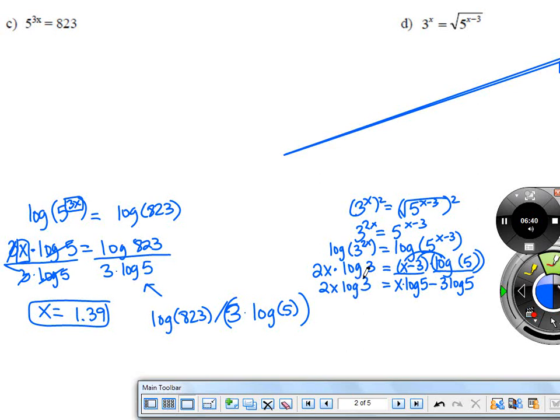What I want to do is get all the terms with x on the same side so I can try and factor it out and get x alone. So I'm going to go ahead and subtract x times the log of 5 on the right side to cancel it. What we're looking to do here on the left side is combine like terms, but it's complicated because of the logarithms. So instead, I'll just write out what we have right now. We have 2x times log of 3 minus x times log of 5. And on this side, we have negative 3 times the log of 5.